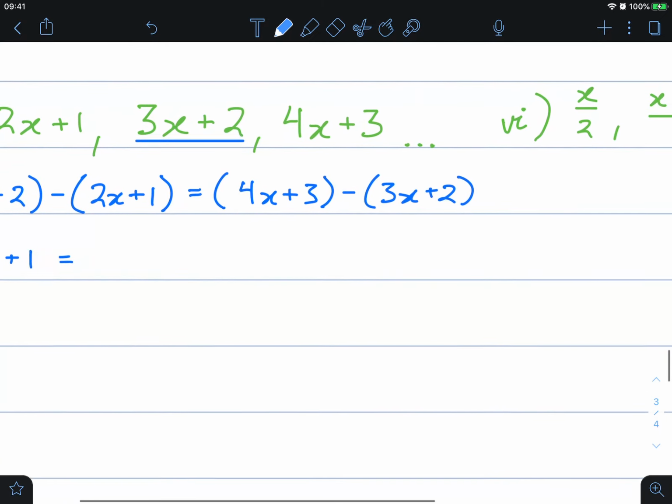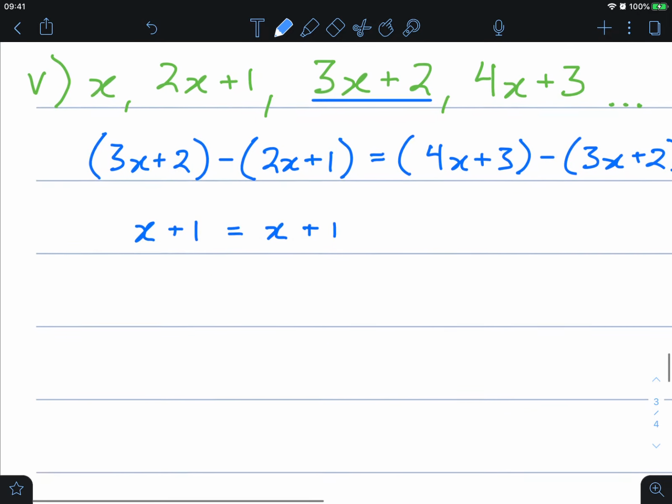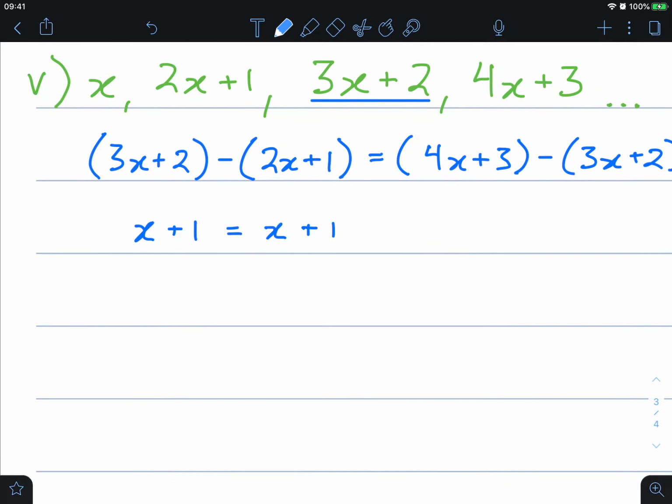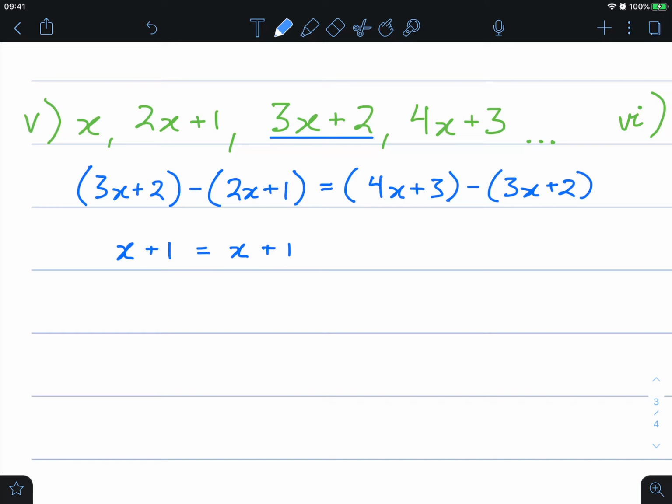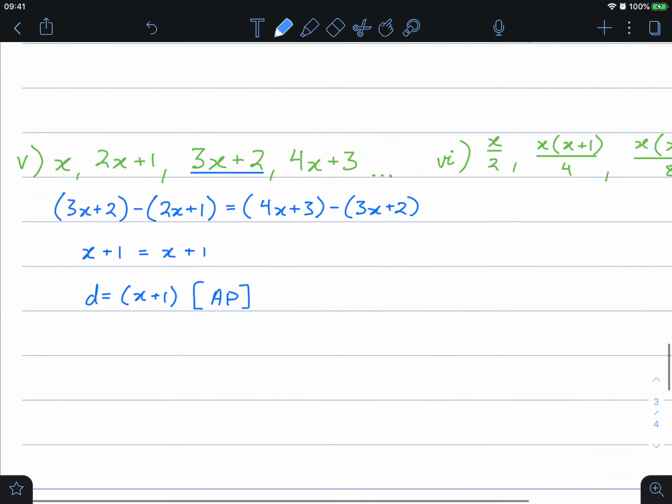On the right hand side, let's test it again. 4x take away 3x is just x. 3 take away 2 is positive 1. So, would you take a look? We get the same ratio in the left and the right. Sorry, not the ratio, same difference. So the common difference is x plus 1. So this would make this an arithmetic progression.